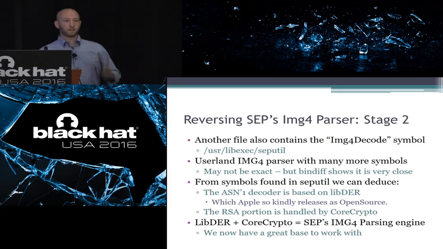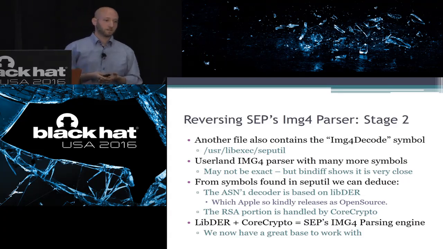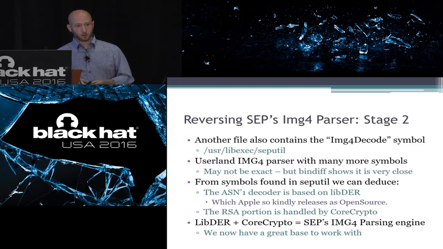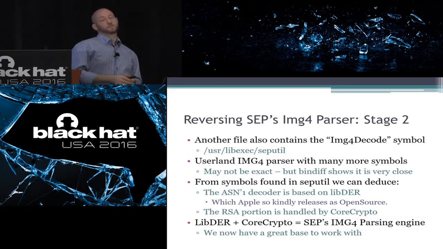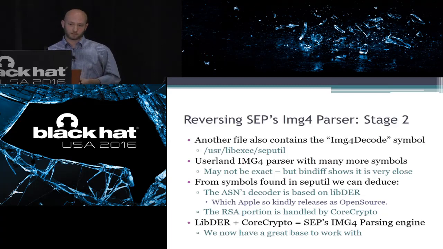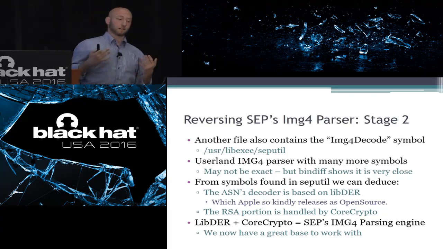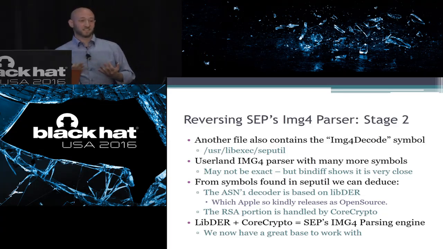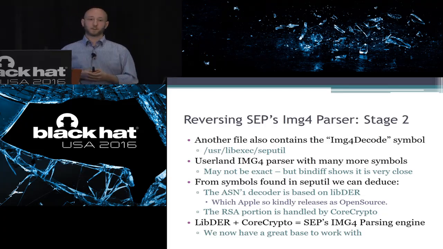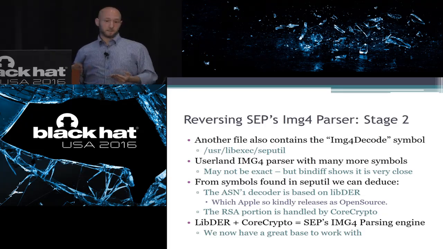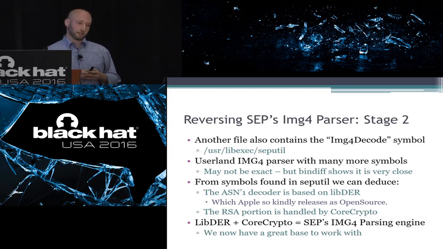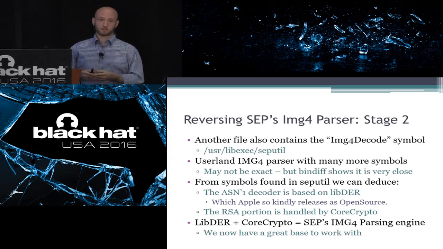So now that we know of this Image4 decode string, where else can we find it? Well, inside of the SEP util itself, which is used to send firmware, is this symbol as well as a bunch of others. Effectively, it's a full userland Image4 parser. That gave us a lot of information, and combined with some fun Googling, we found that this is based on the libDER ASN1 parser that Apple actually releases open source.